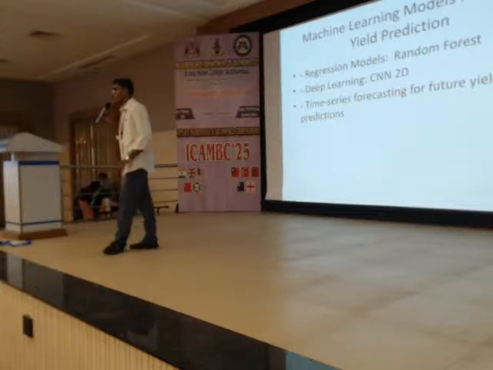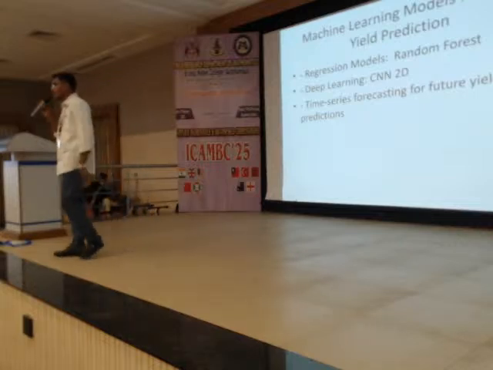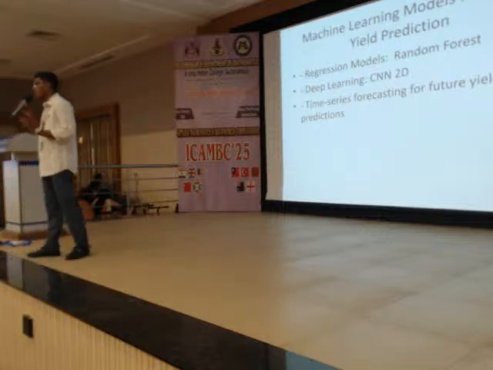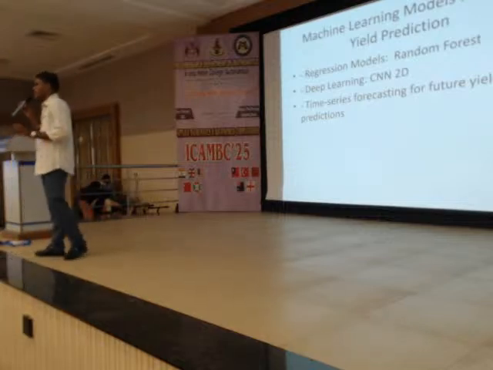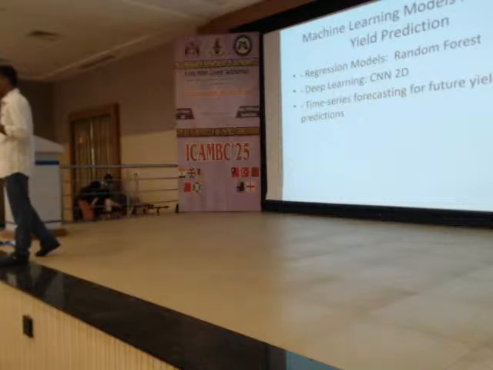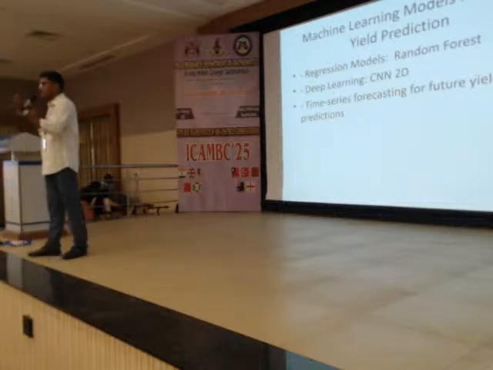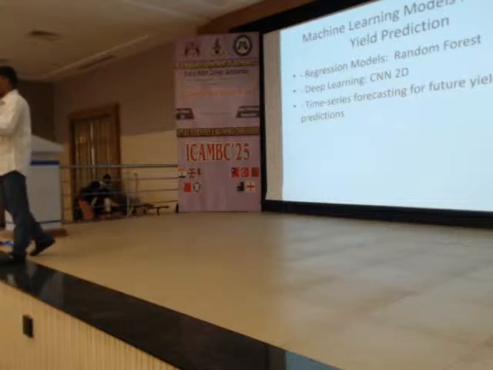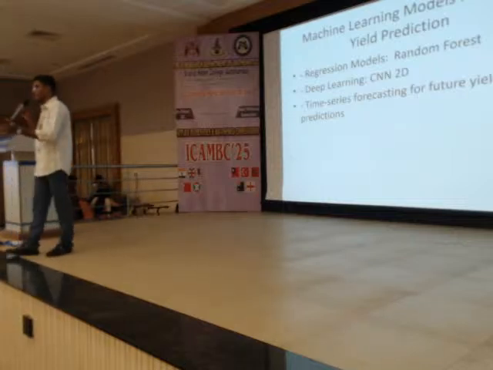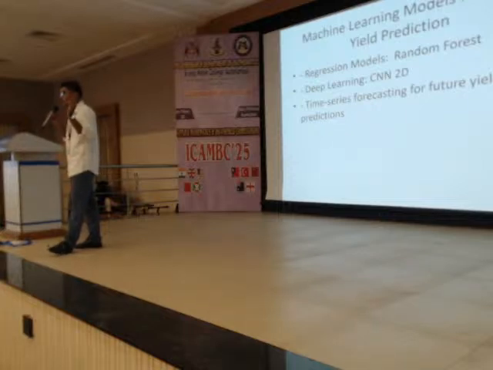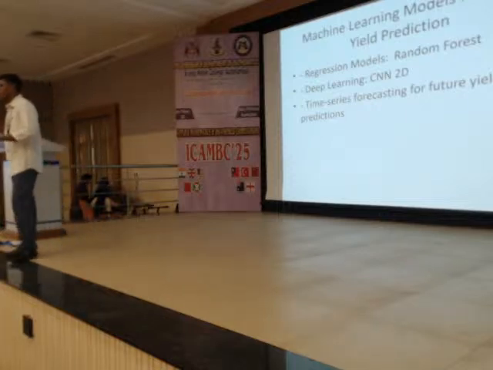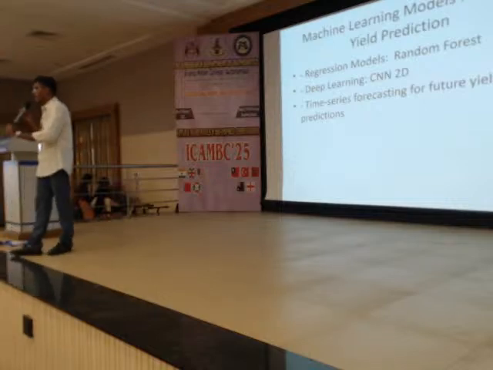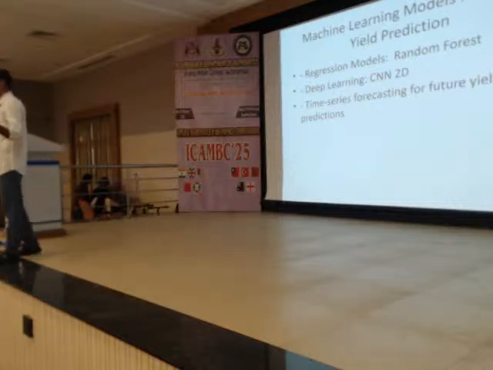Using machine learning, we have chosen two algorithms: random forest and CNN 2D. Random forest is used for crop recommendation. For example, random forest can search the data set, compare it with the input data, and give a certain output for the farmers. Based on the output, the farmer can plant seeds accordingly.